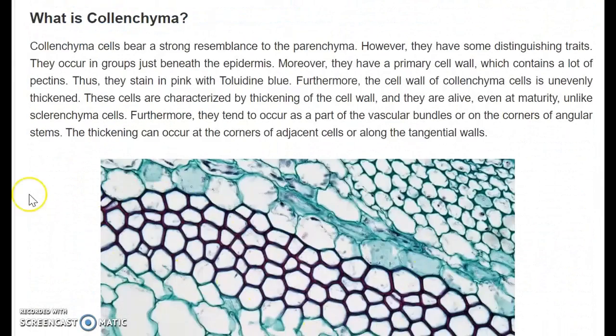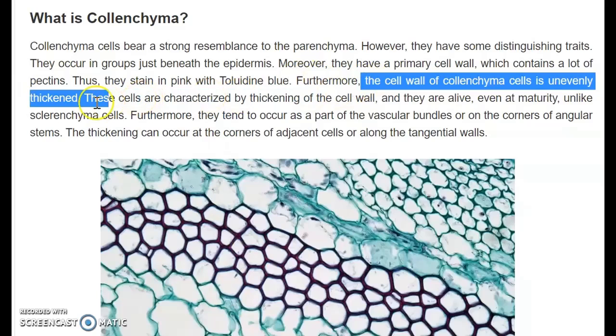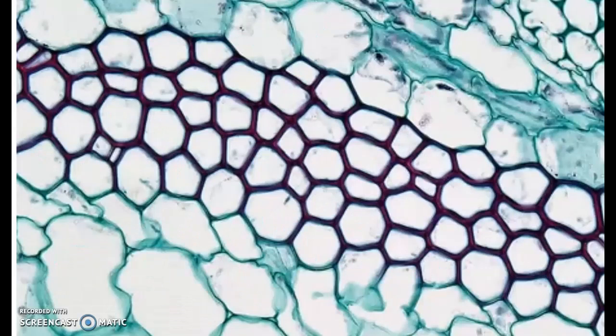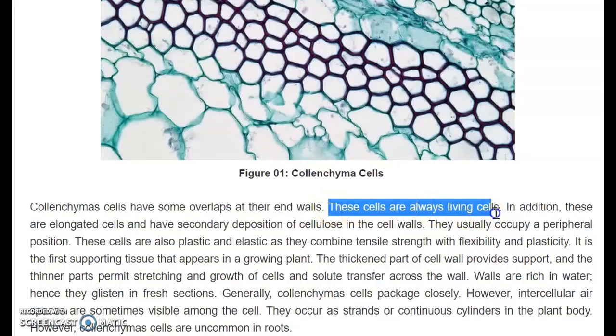So now let's look at collenchyma in more detail. Okay, collenchyma looks very much like parenchyma, but one way to tell it apart is that, firstly, its wall has a lot of pectins in it, and that's what gives it elasticity, but it is thickened at the corners. So zooming in on that picture, you can see that it is a living cell, just thickened corners. So they're always living cells.